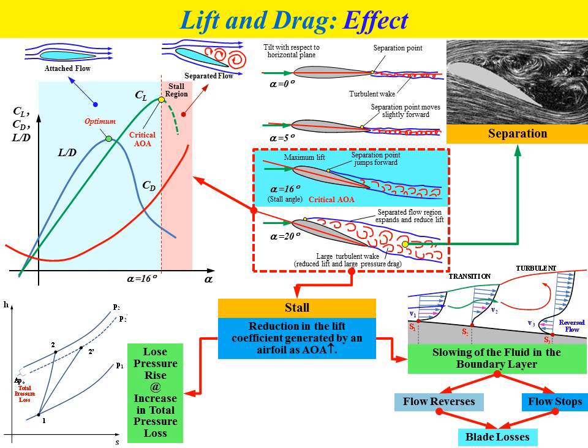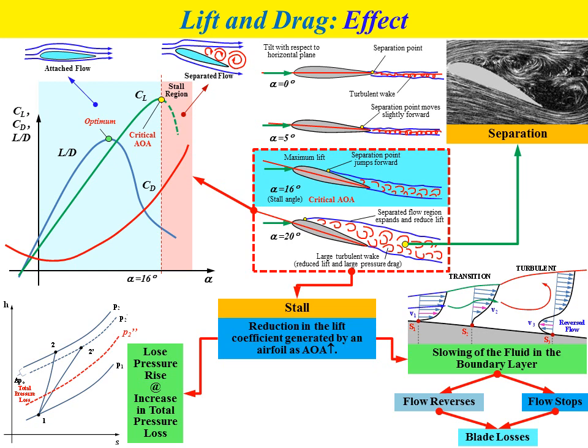However, due to the blade losses, we get the actual pressure difference P2 prime minus P1. So P2 prime minus P1 refers to the pressure rise after we consider the blade losses. The difference between P2 and P2 prime represents the value of delta P naught, the total pressure loss. Okay, however, if we consider the condition of entering the stall region where the stalling phenomena occur, we get more reduction in pressure rise.